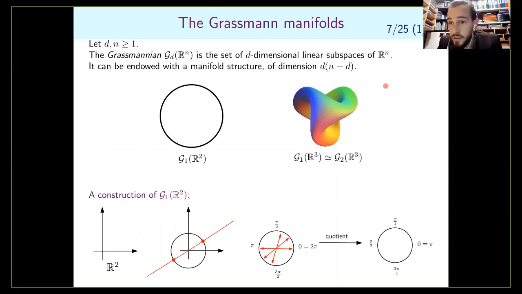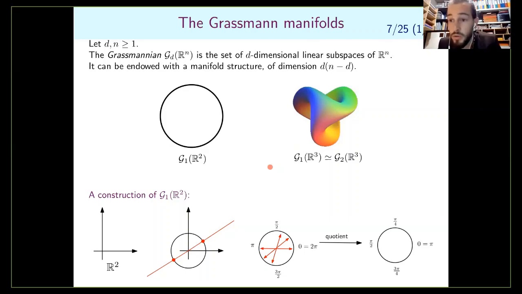And at the end, it is a manifold of dimension d times n minus d. So for instance, G1 of R2, this is the set of lines in the plane. It is of dimension 1, and it actually is a circle. G1 of R3 is the set of lines in space. So it is a surface, a non-orientable surface.